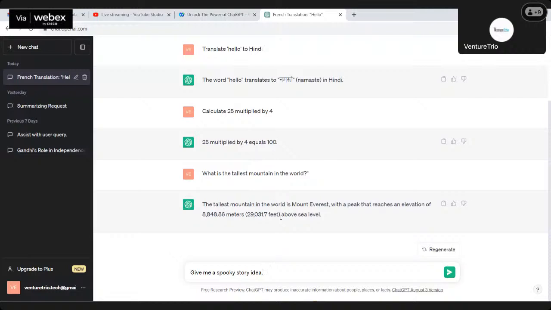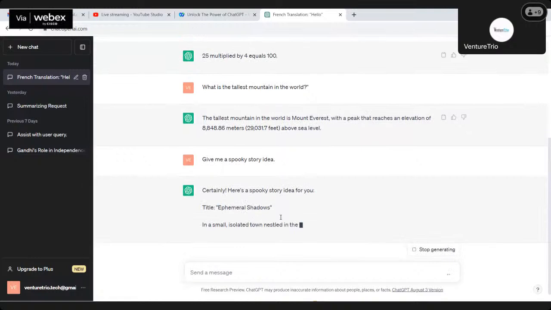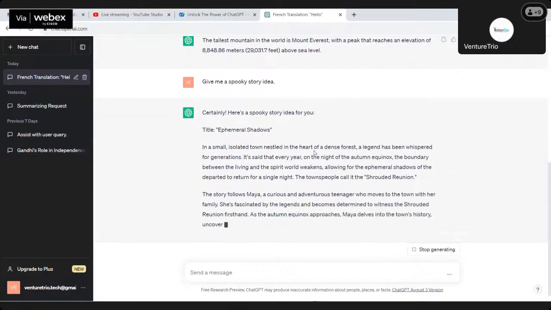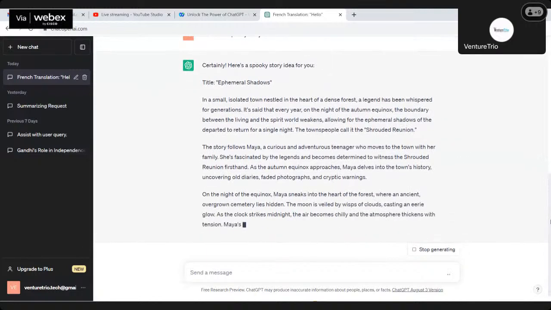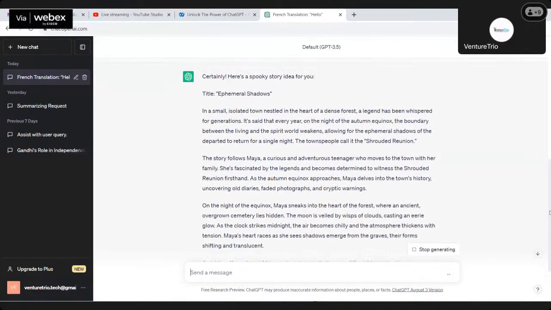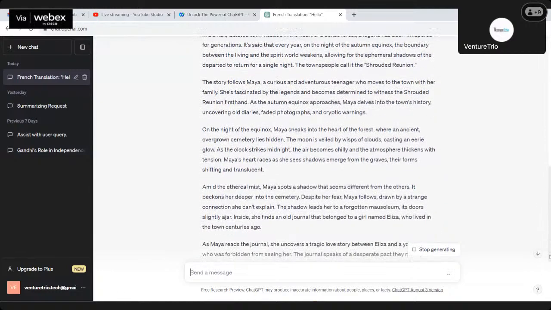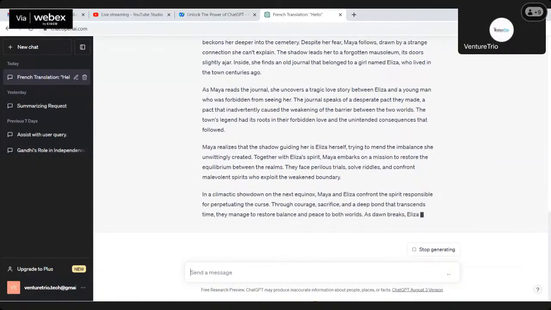Let's try some other query, like a writing idea. Give me a spooky story idea. Here you see that it provides a story, Elephant Shadows. Here you can get any type of story.